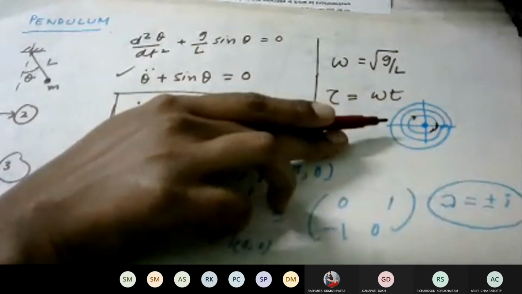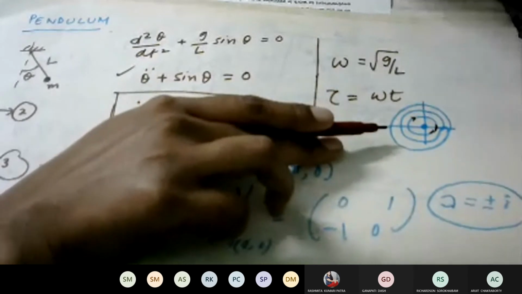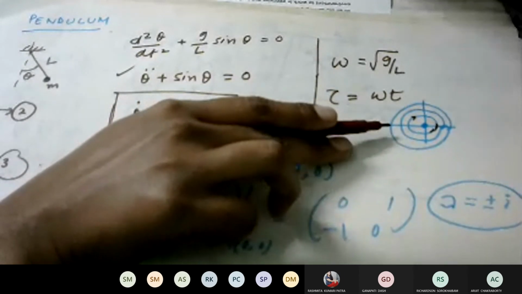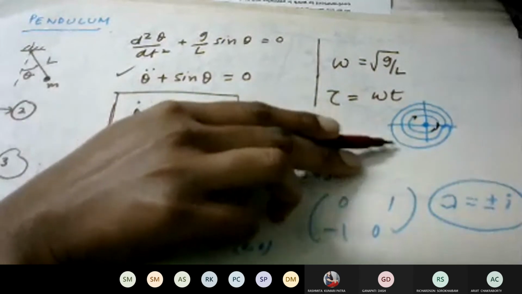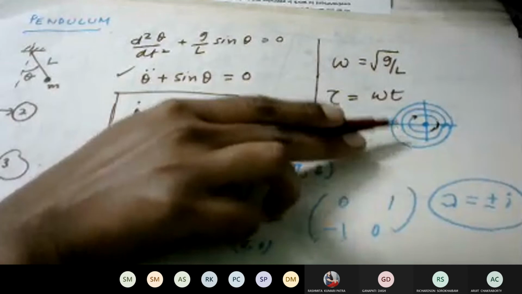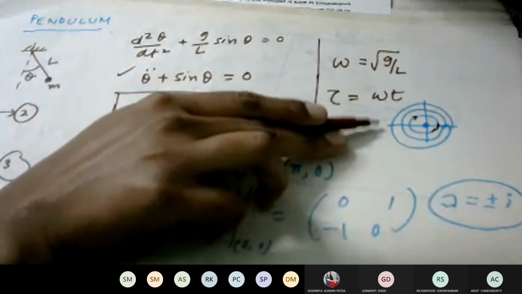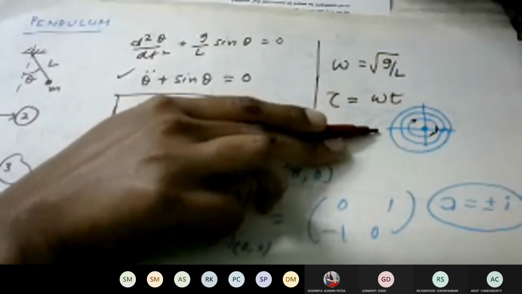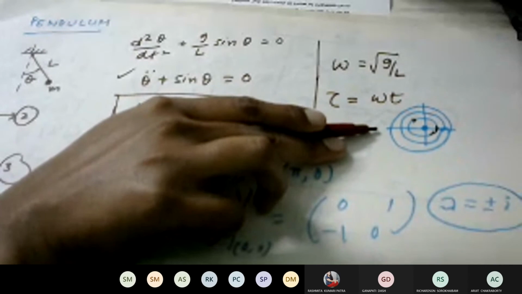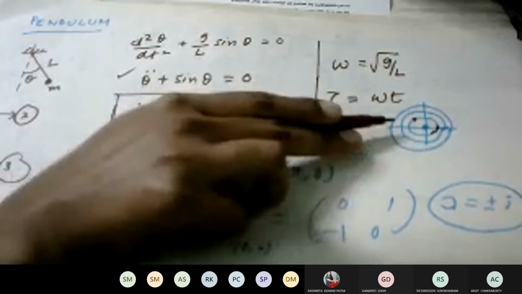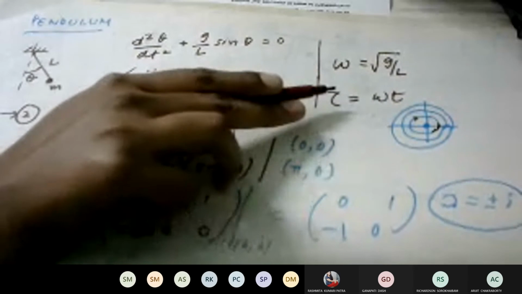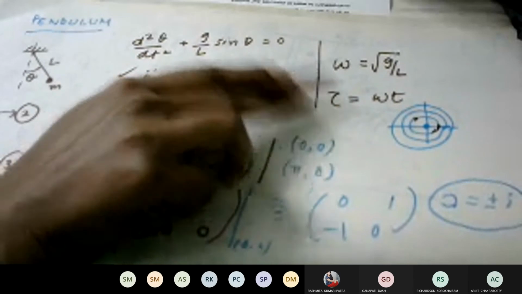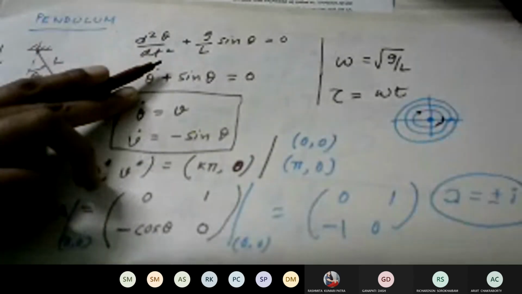Now let us try to understand if that is the kind of behavior that we see in our oscillators. If we don't consider any damping, then the pendulum that we see most of the time behaves like this, right? This solution reflects the behavior that we have already seen: if it is oscillating, it will go on oscillating without any damping, because there is no damping in our equation for now.